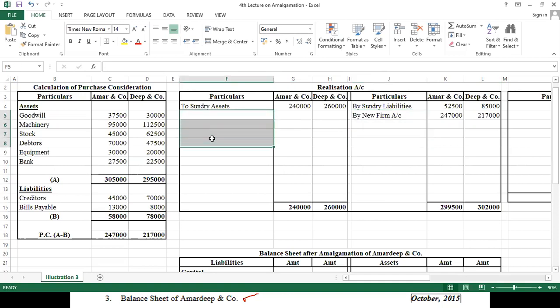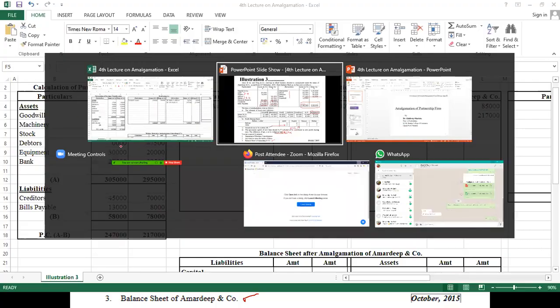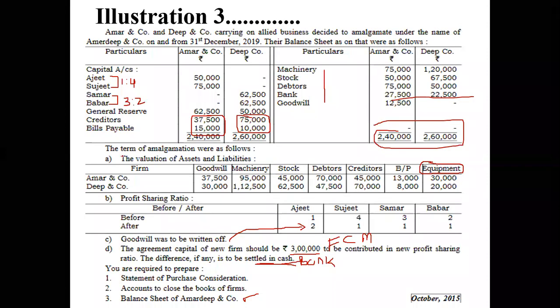So instead of that, we will write a difference. I think this point I have already told you in problem number 1, problem number 2. So henceforth, we will not discuss this thing, and we will directly write down a new firm account and the difference of assets at market value minus liability, that is purchase consideration. After that, look at here. We have done with our adjustment number 1.